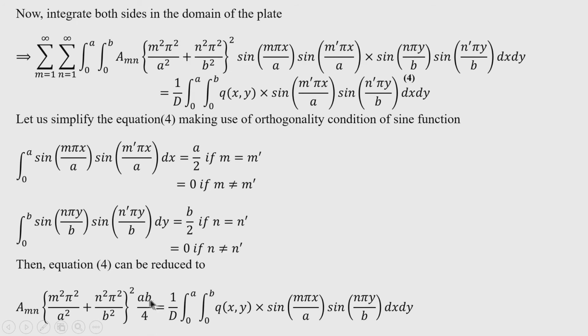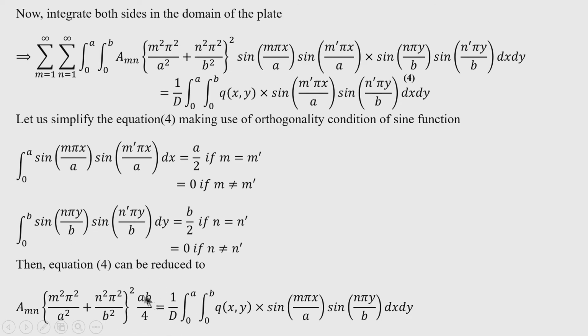a b by 4. This a b by 4 has come here due to the product of a by 2 and b by 2, as a result of the integration of sin square m pi x by a dx and the integration from 0 to b of sin square n pi y by b dy.